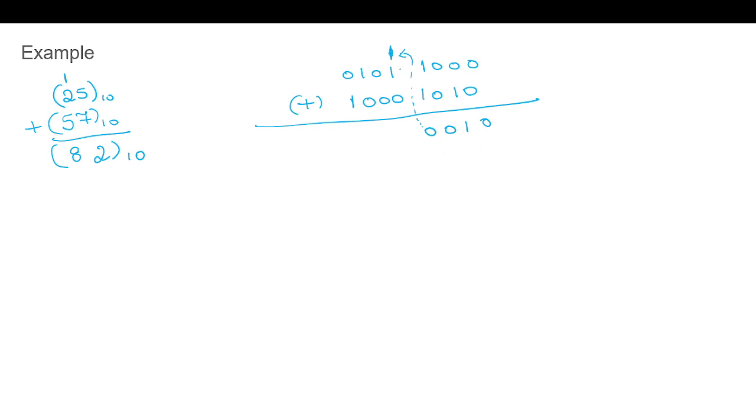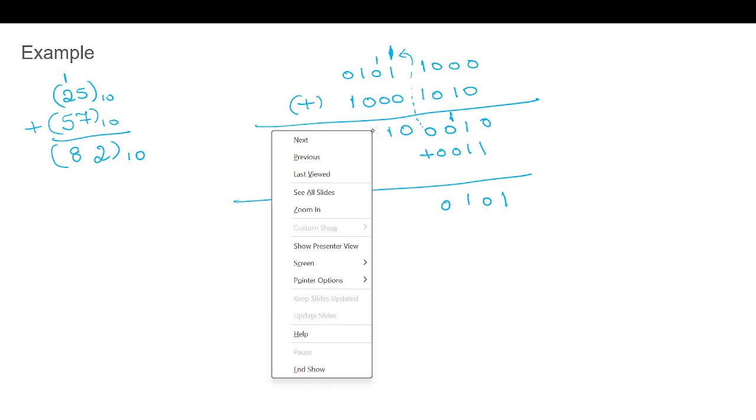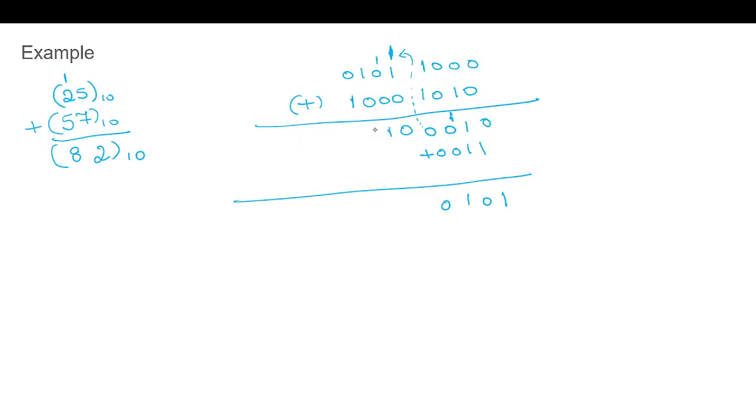There is a carry. So I have to add 3 to it. The value will be 1, 0, 1, 1, 0. Okay. Next 1 plus 1, 0. Carry 1, 1. And then 1 and 1. Triple 1.